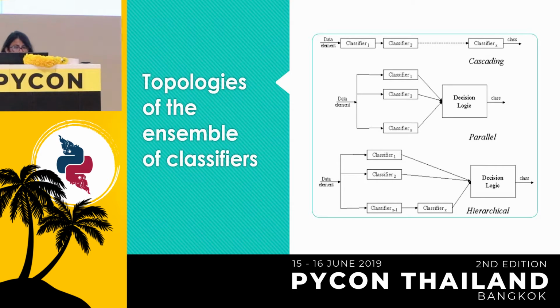And for the parallel topology, we'll have several models that will be given the same data, and we do a decision logic here that can be a voting decision, or the mean, etc. There are a lot of ways to decide the actual classification.